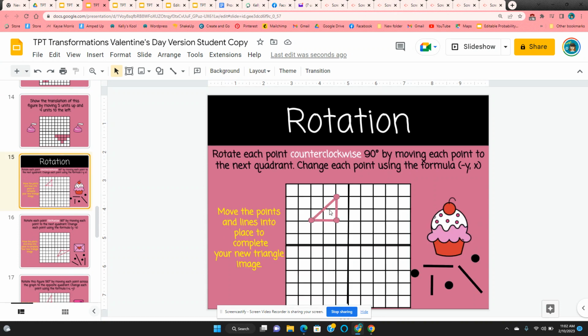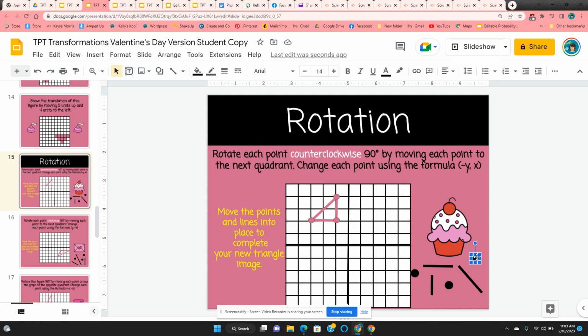Now with this one, students are going to be rotating around the origin. If they rotate this figure 90 degrees counterclockwise, which means it's now going to be down in quadrant 3, they're going to use this formula (x, y) becomes (-y, x). They're going to plot each one of these points again. This point, if it's (-1, 2), using this formula, is now going to be (-2, -1).